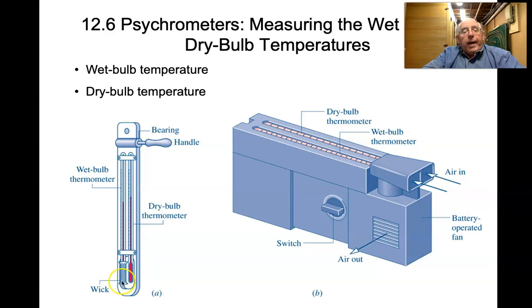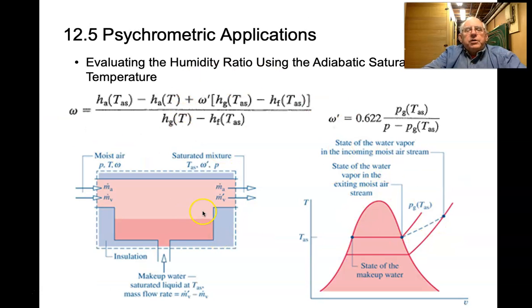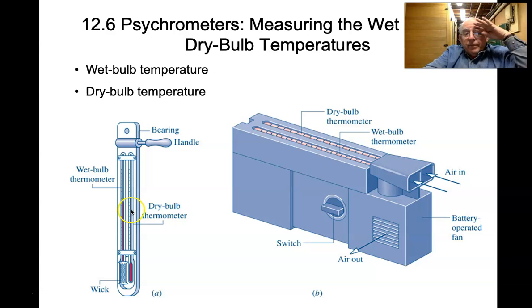One thermometer is wrapped in some gauze that has water in it, and as you sling this around, the unwrapped bulb, called the dry bulb, measures the local temperature, and the air that flows through and saturates itself then corresponds to the wet bulb temperature. And so the wet bulb temperature and the dry bulb temperature are both obtained, and with a chart which represents this process, you can then figure out the state, the humidity ratio associated with the air in question.